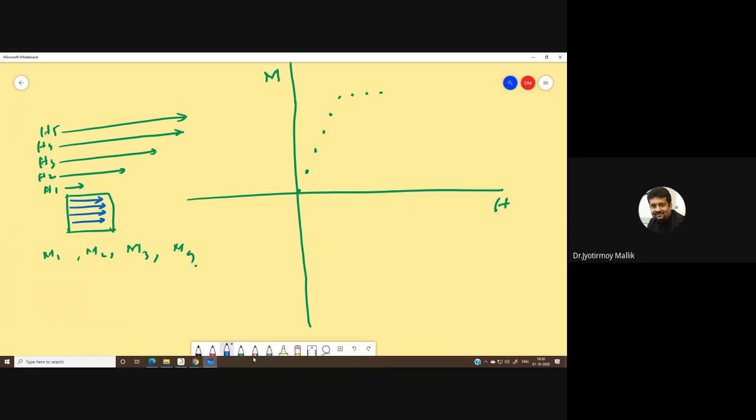Now I can join these points and draw this curve, and attach an arrow to it. I'm increasing H, and M is increasing, then it reaches a plateau, and this magnetization we call saturation magnetization, MS, where MS stands for saturation magnetization.